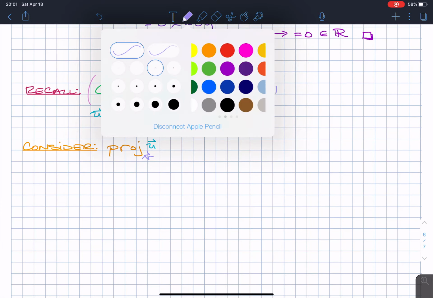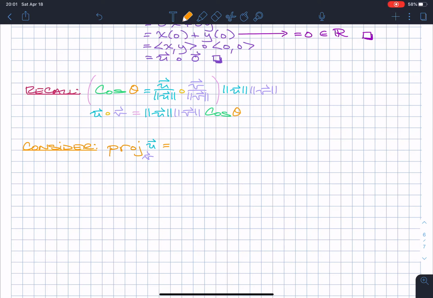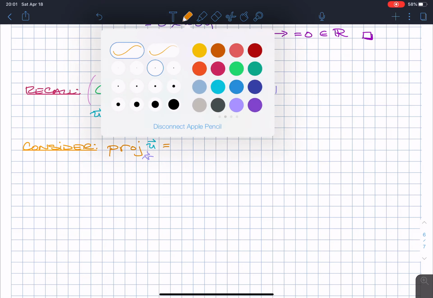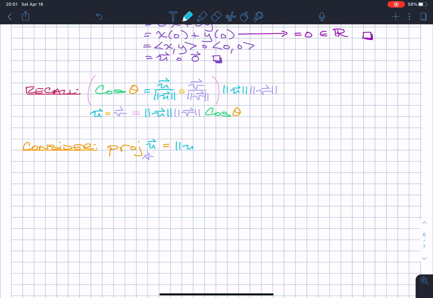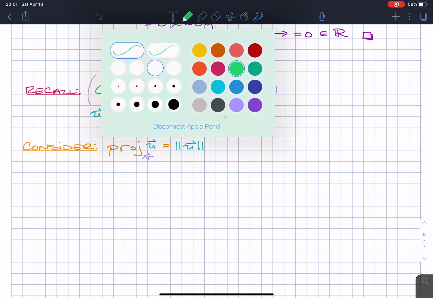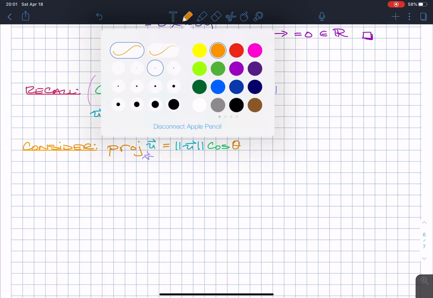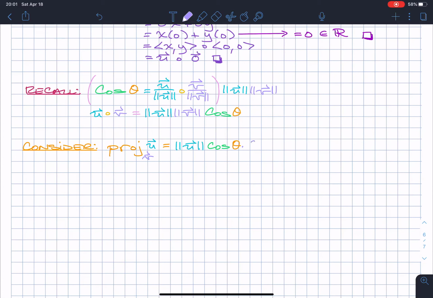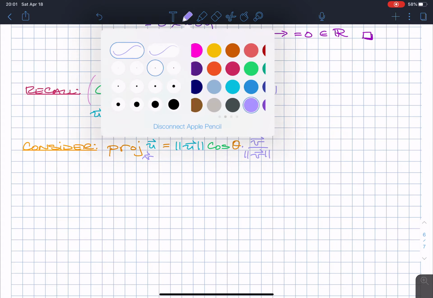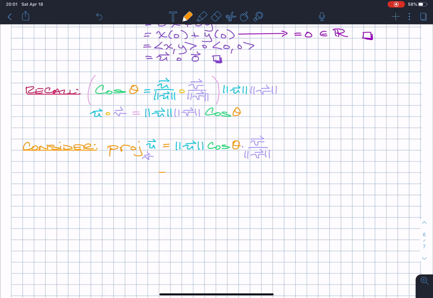Remember, that first included the component, which was the magnitude of u times cosine of the angle between them. That was the scalar, but then we needed to multiply it by a vector to give it direction, and we chose the unit vector in the direction of v. Okay. So I'm going to go ahead and put the scalars in front.